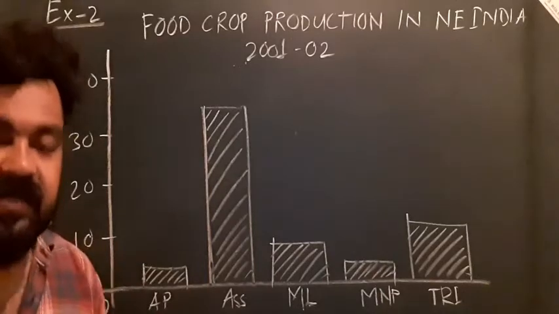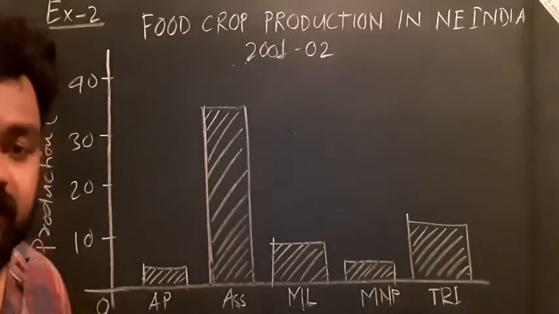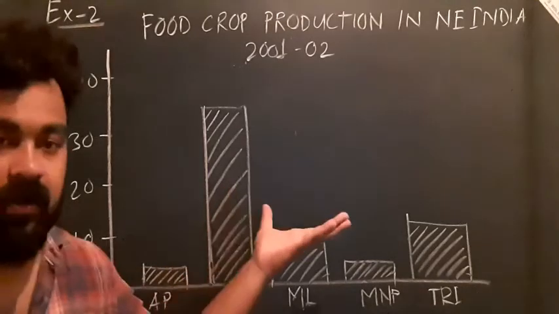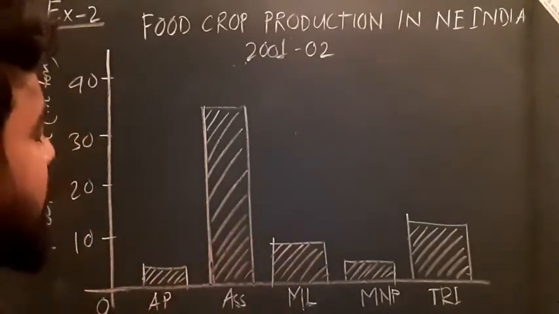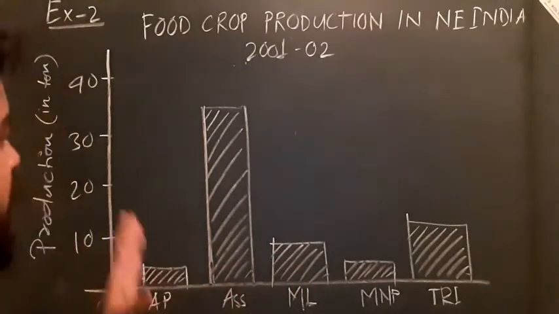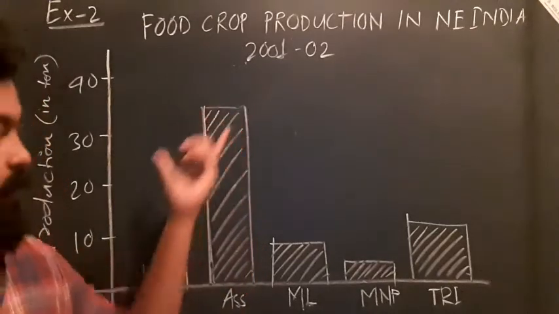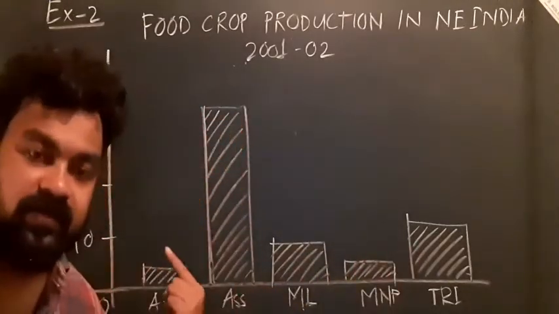Again, population density is good, agricultural fields are good, and the supply of commodities is good because Assam is called the Gateway of Northeast, right? So we know everything regarding Assam, what is the advantage, what is the disadvantage. So food crop of Assam is actually high compared to these other states, right?